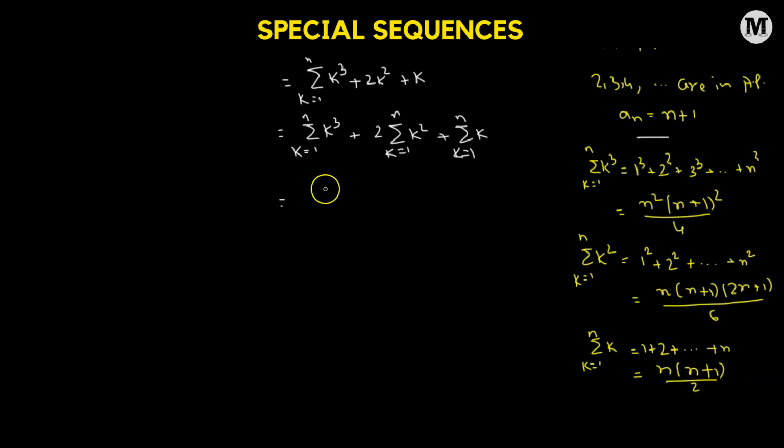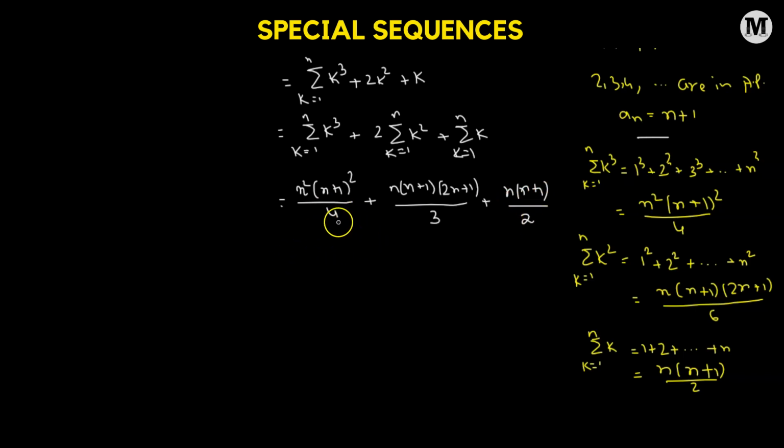Okay, so let's use all of these values. We have n squared multiplied to n plus 1 whole squared divided by 4, added to 2 multiplied to the summation of k squared. So 2 multiplied to this particular formula, the 6 in the denominator gets factored out, leaving us with 3. So we have n times n plus 1 multiplied to 2n plus 1 divided by 3. And then we have n times n plus 1 whole divided by 2. So we're going to combine this.